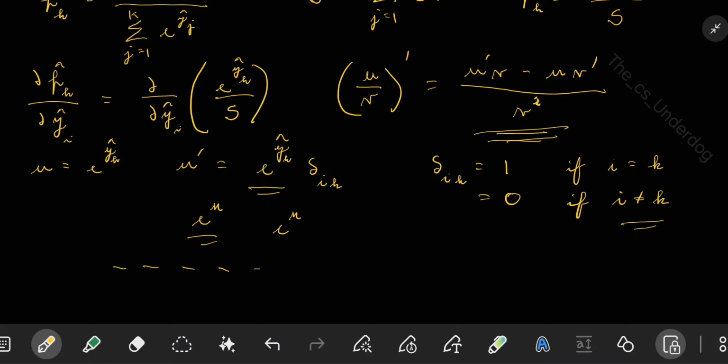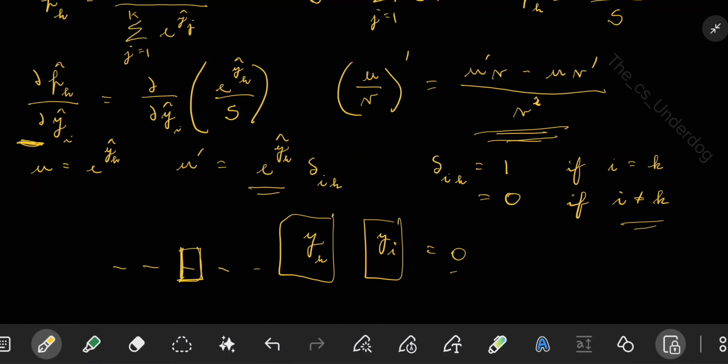But among them, only one particular value yi will match, whatever you are taking the derivative with respect to. So if yk and yi do not match, then the derivative of this with respect to yi will be 0.